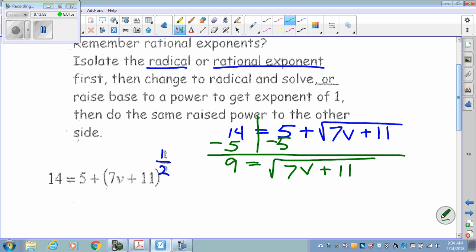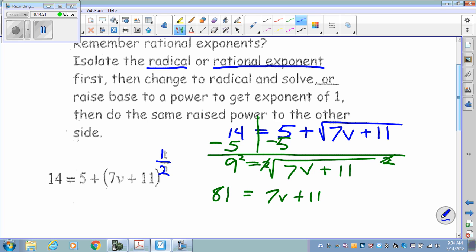There's nothing else around it, so now I'm going to get rid of it by doing the inverse. I'm going to square both sides, and so I get 81, because 9 squared is 9 times 9, which is 81. All right, and then the square and the radical cross out. Those are inverses, and so everything underneath is not under a radical anymore. And so I have 7b plus 11 is equal to 81.